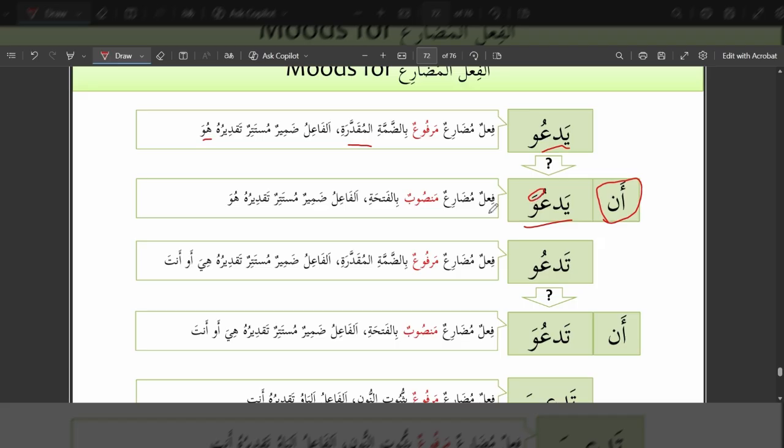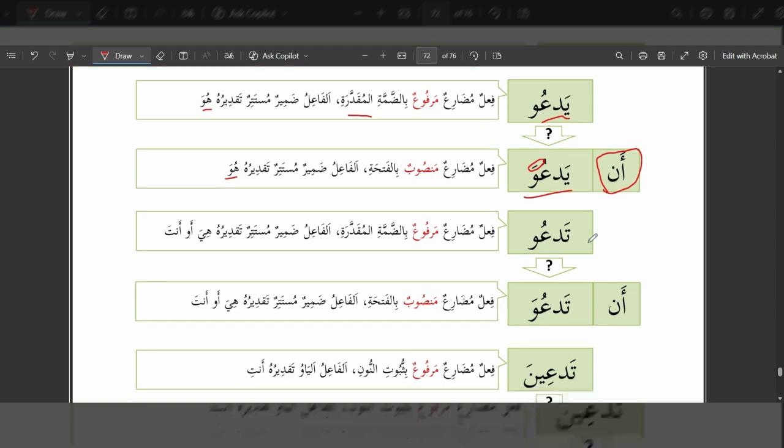So this becomes فعل مضارع منصوب بالفتحة. That is the present tense in the mansoob form with fatha. And the fa'il, the doer, is ضمير مستتر تقديره هو. It is a hidden attached pronoun هو, he. So this becomes that he called.